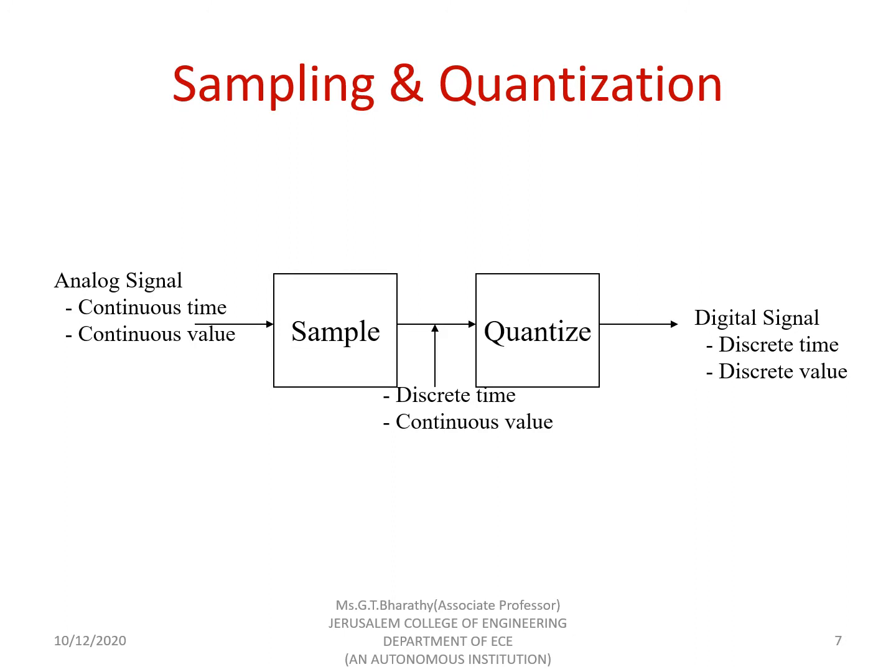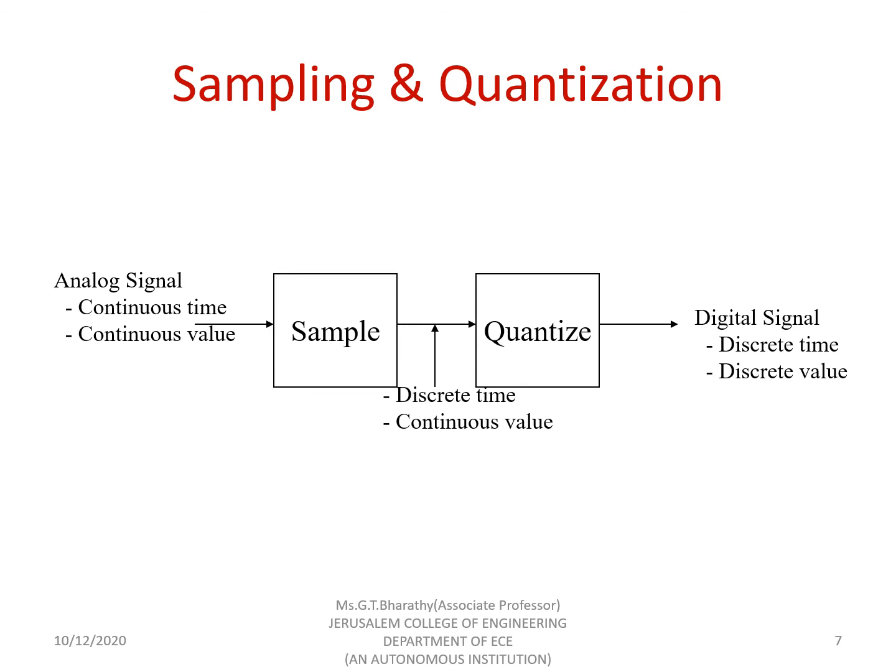So this is the comparison between sampling and quantization. A continuous analog signal is given to a sampler first. The input to the sampler will be continuous in amplitude as well as time. After sampling, the signal is given to the quantizer. The output of a sampler will be discrete in time, but continuous in amplitude.